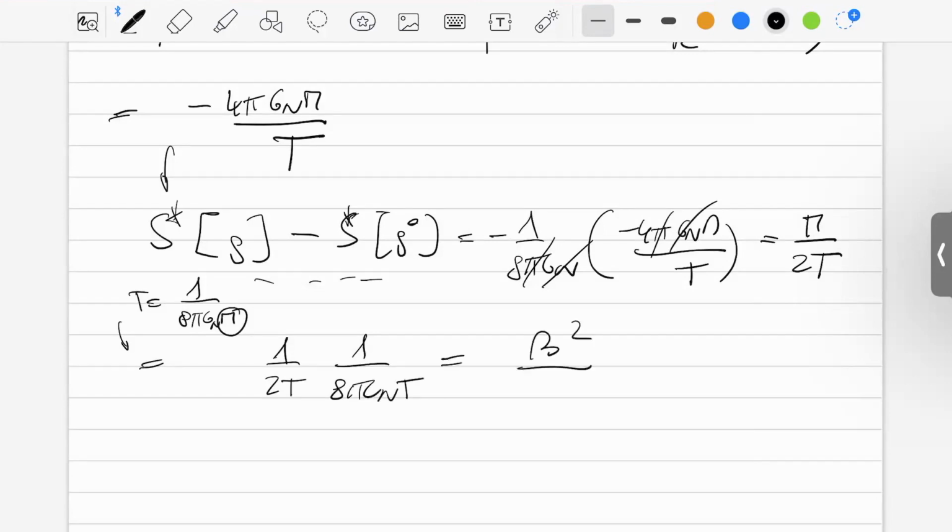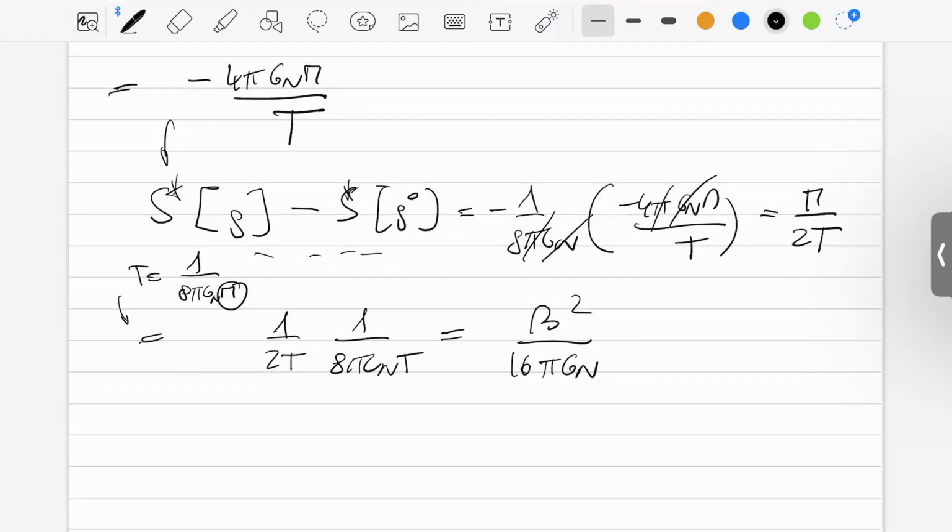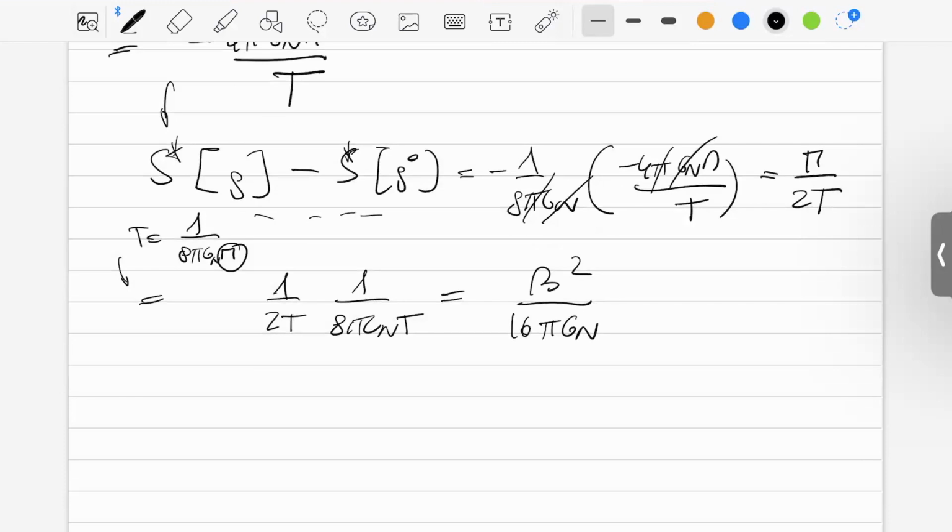Or this is also equal to beta squared divided by 16 pi GN, where beta is 1 divided by T. So this is, let's say, the regularized entropy, which is the difference between two entropies actually. So the entropy that we wanted initially minus the entropy for the fixed reference background, so for Minkowski.